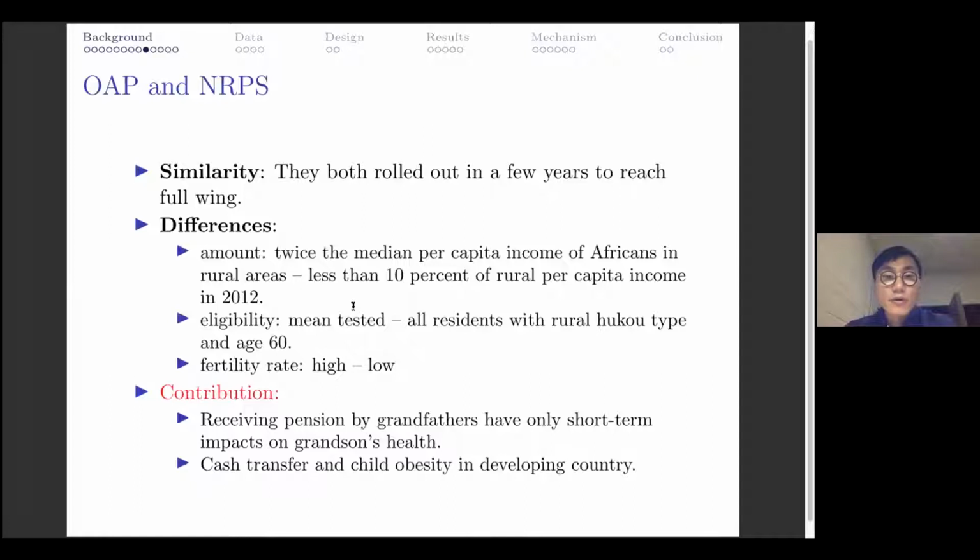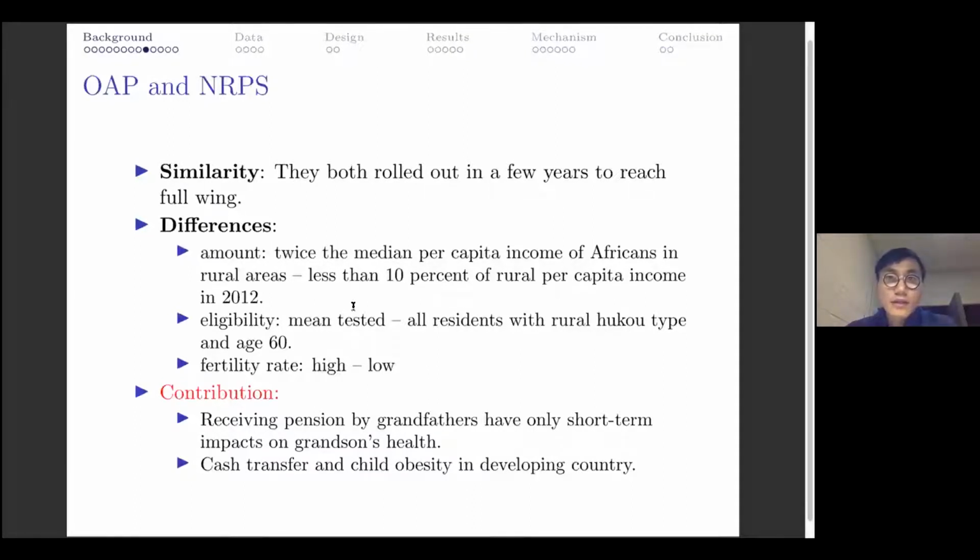First, we find that, in contrast to Duflo's paper, only the grandfather's impact is robust or significant in our study, and the impact is only significant in the boy subsample. And we only find the short-term impact on the grandson's weight, but not height.